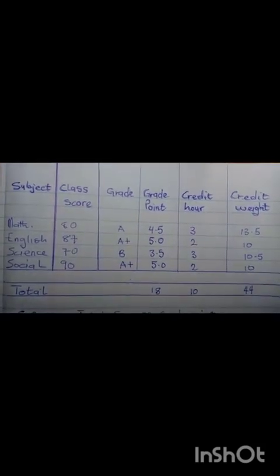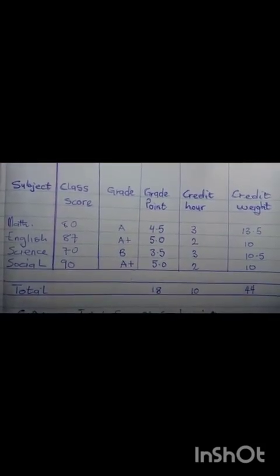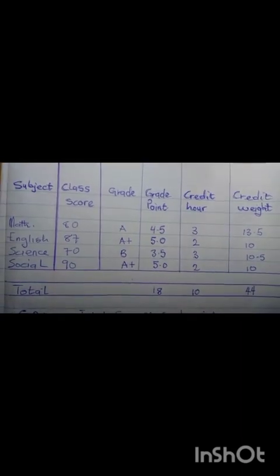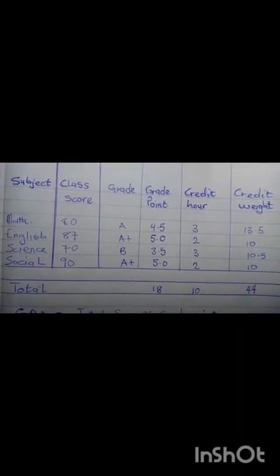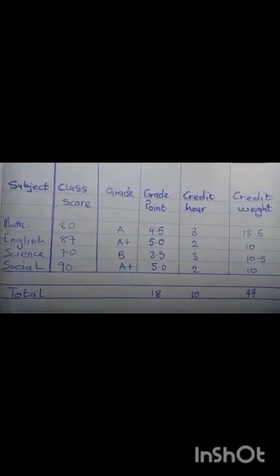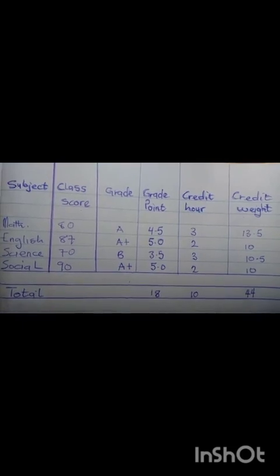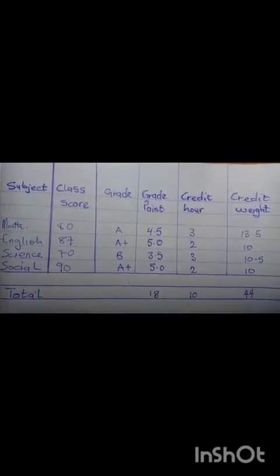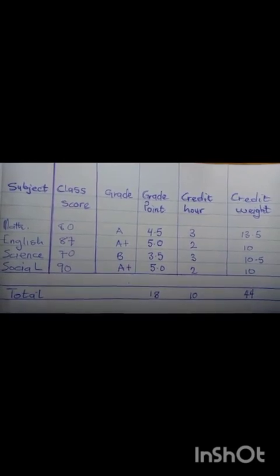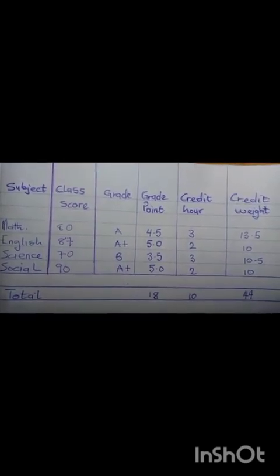As discussed earlier on, we could see that the grade for 80 is A, 87 is A plus, 70 is B, and then the science, which was 70, was also matched to grade B. The social studies, which scored 90, was grade A plus.